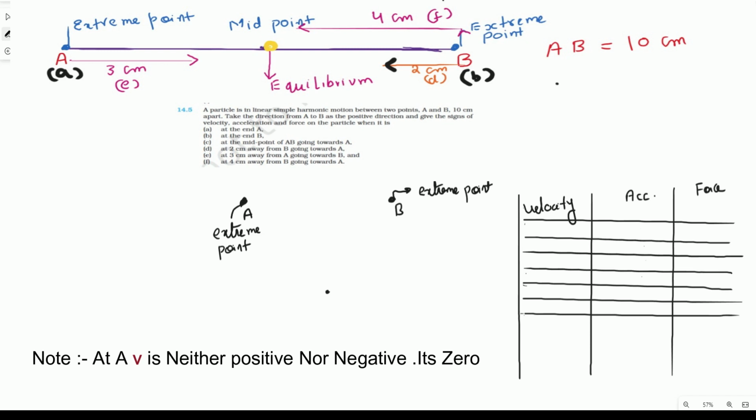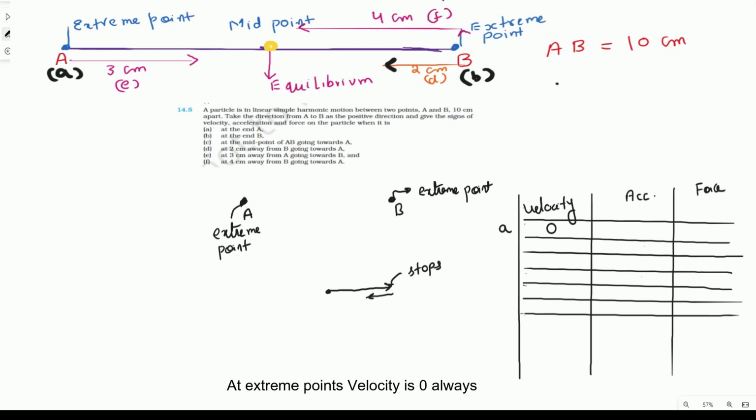In simple harmonic motion, the body starts from here, goes till the extreme point, stops at the extreme point and then turns back. So at the extreme point, the body stops. So the velocity for extreme point A will be 0.